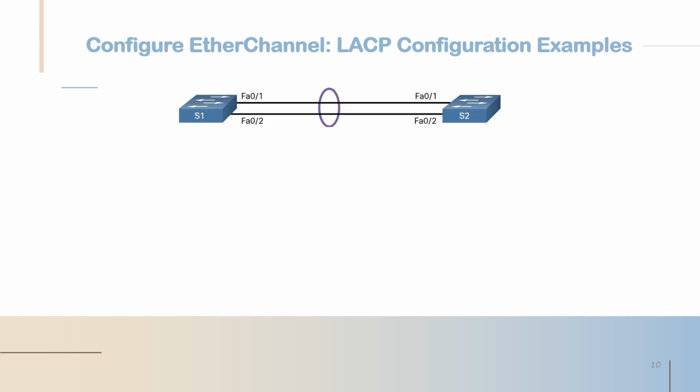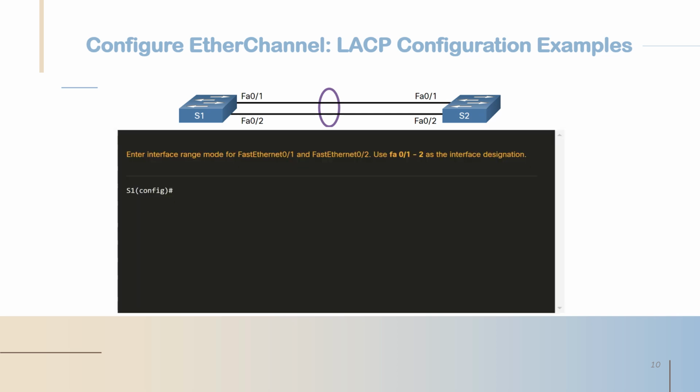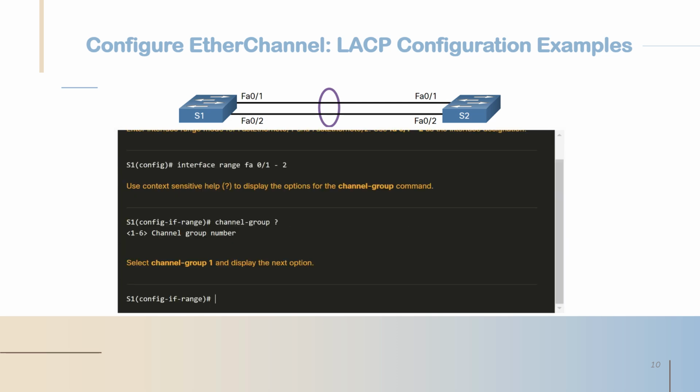And here is an example of the LACP configuration now on switch 2. This is a syntax checker. As you can see, same here, we have to go into the interface range, and then we have to create the channel group.